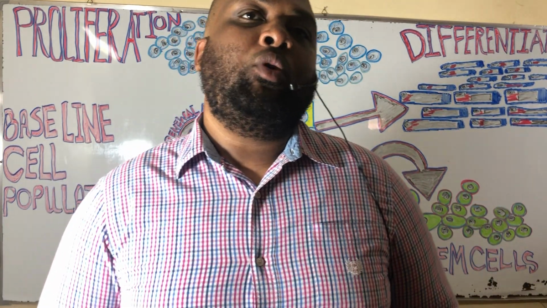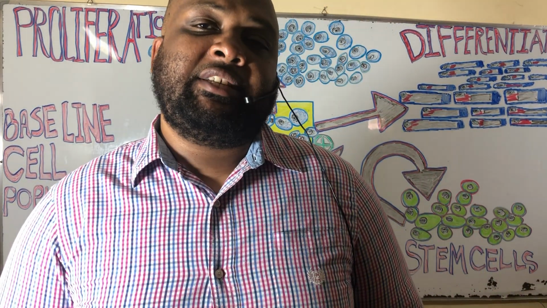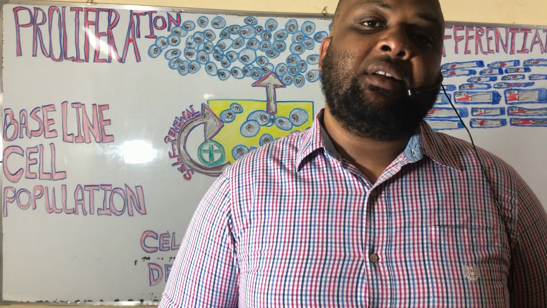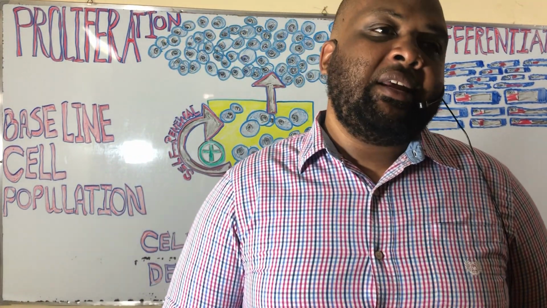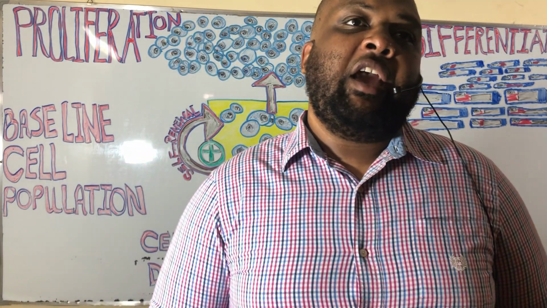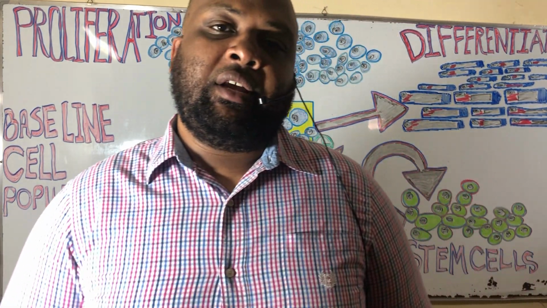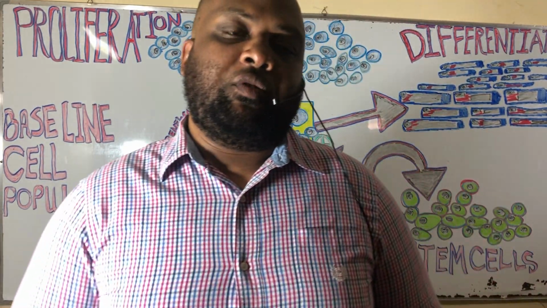However, these more differentiated pluripotent stem cells, also known as the adult stem cells, have a limited capacity. They have already been restricted into being able to proliferate and differentiate into a specific pool of cells.